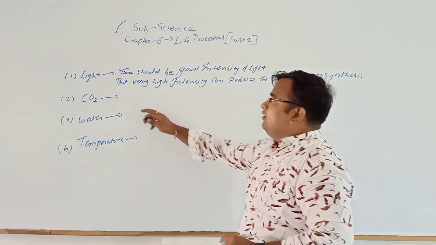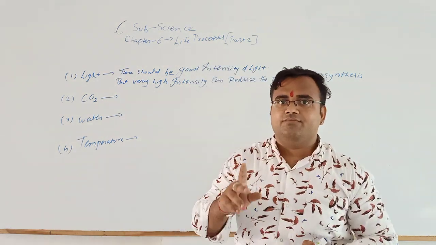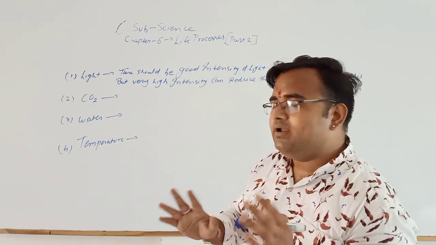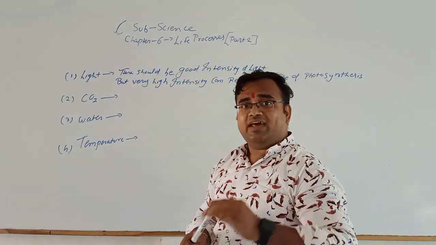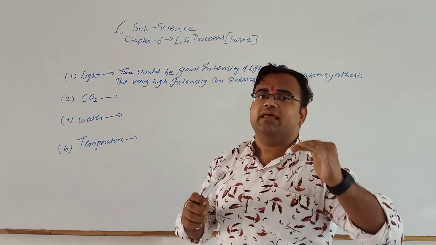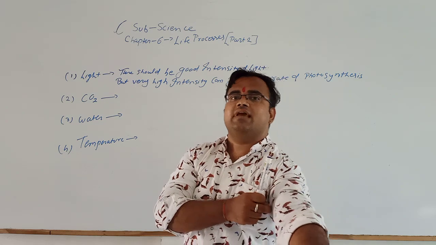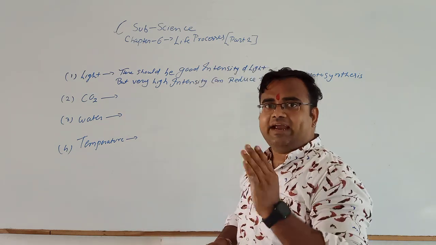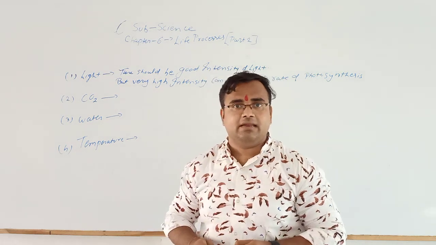If the intensity of light is very high, then the rate of photosynthesis can be reduced.